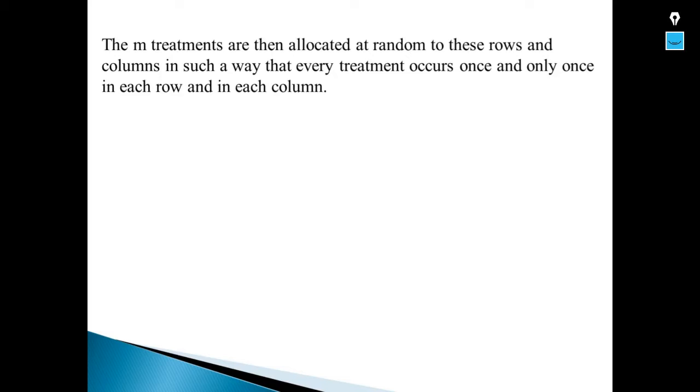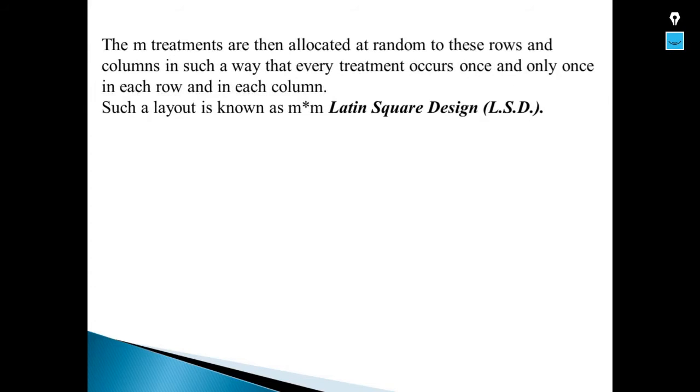So we divide our experimental area into m square experimental units, and when we allocate m treatments to the experimental units, we take care that one treatment occurs only once in each row and in each column. In this way we get one square shape design, and such a type of layout is nothing but an m cross m Latin square design, that is LSD.